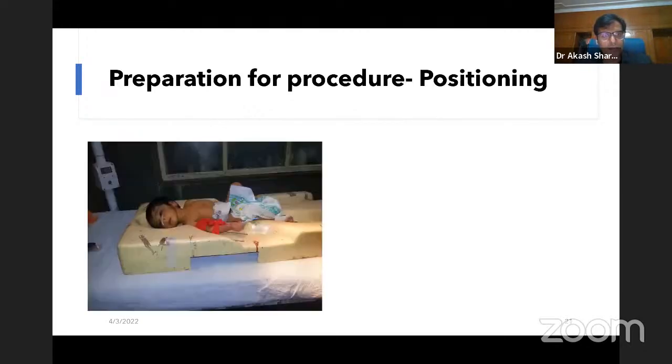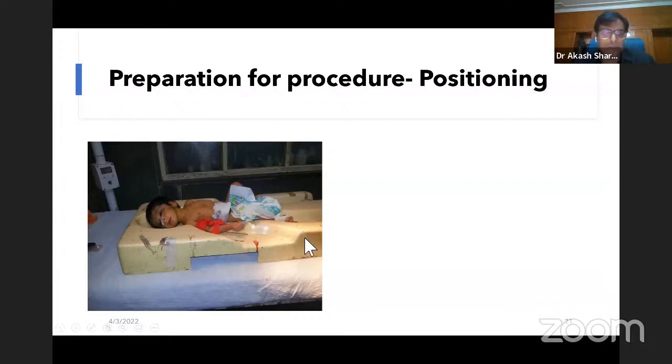And what should be the position of the child while preparing for the procedure? I think some of you might have seen this kind of arrangement. This is from my MD times. We used to have a circumcision table, which has been in circulation for a long time.